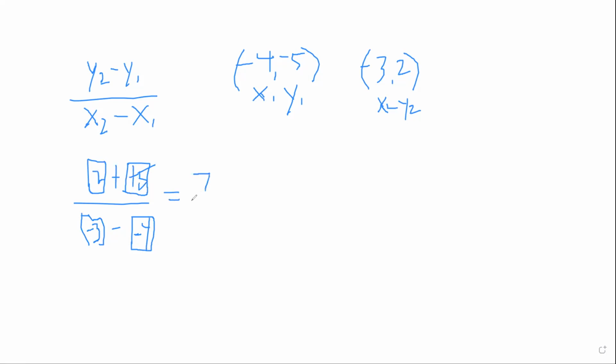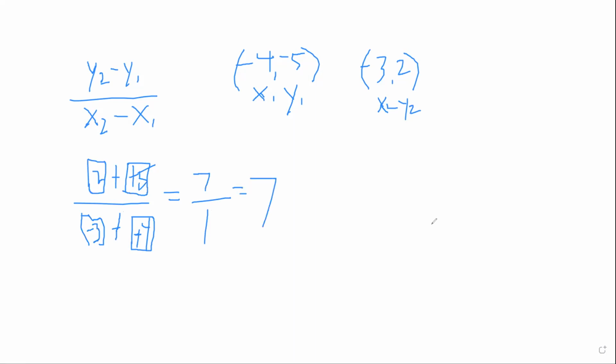So I get 7. And on the bottom, you might be tempted to get 7 here also, but you would have done it wrong because this becomes -3 plus 4. So it's not going to be 7 over 7. It's 7 over 1, which equals 7.